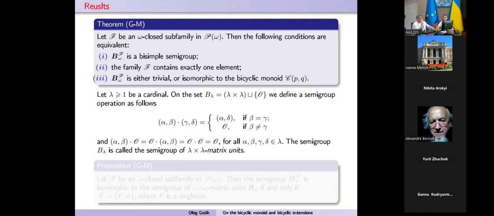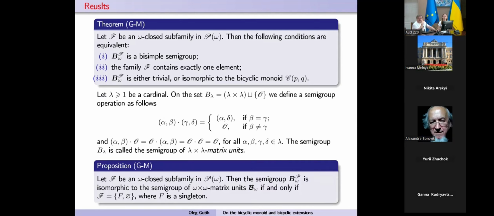Also, what will happen when the family F consists of two elements? One set is non-empty and contains one element, and the second set is the empty set.